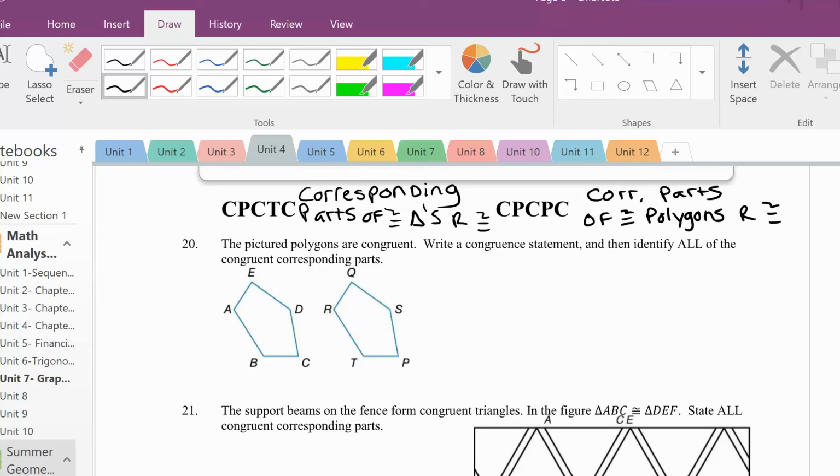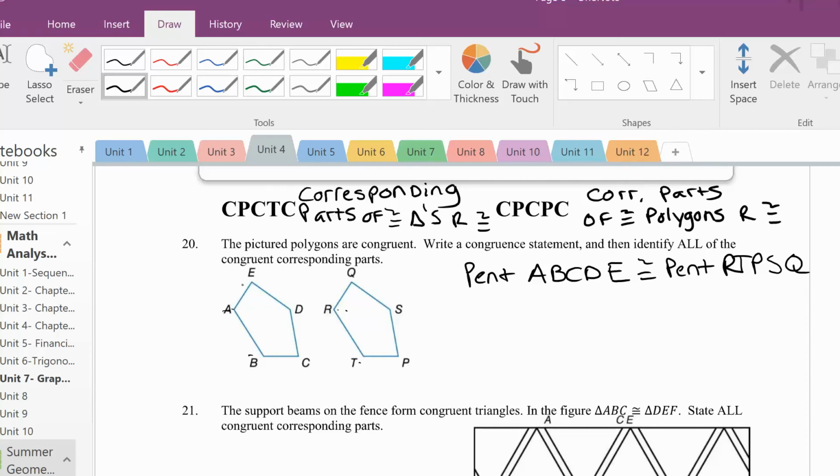So if I were to say pentagon A, B, C, D, E is congruent to pentagon R, T, P, S, Q. So notice A corresponds with R. Then it would have to be T, P, S, and Q because it has to correspond with the letters that it corresponds with.